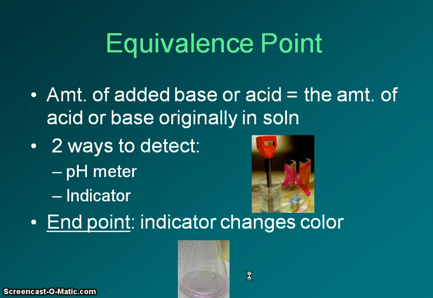The indicator we're going to use is phenolphthalein. So we will know that we have reached the equivalence point when we have a color change, and that is actually the end point of the reaction. So the end point is where you get the color change, and if you choose the correct indicator, your end point and the equivalence point will be the same value.